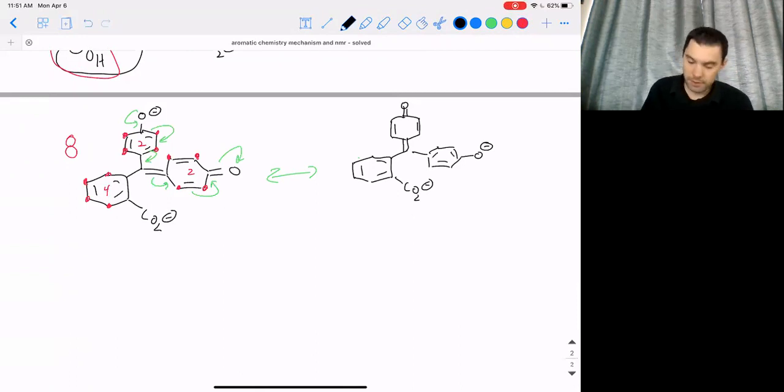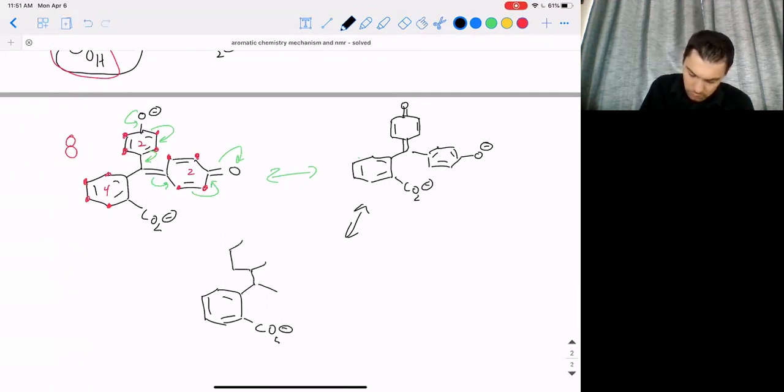And so in the resonance hybrid then, we're going to have partial double bond character across all of this. And those 2 rings from the NMR's perspective are going to be equivalent.